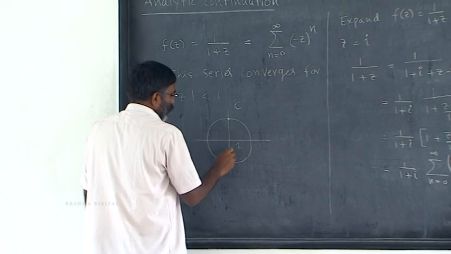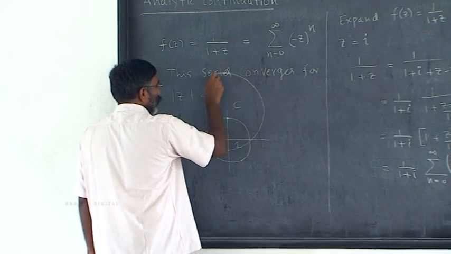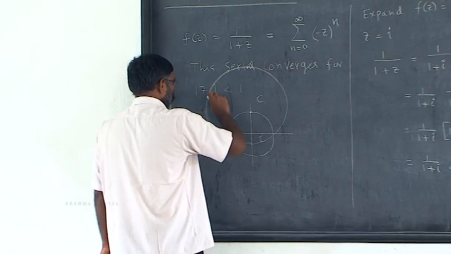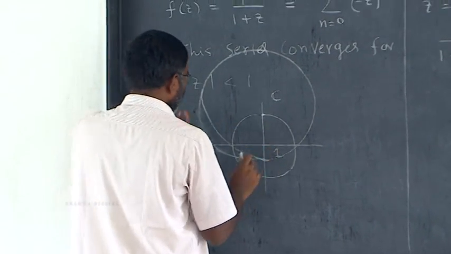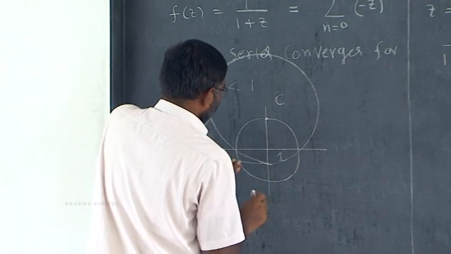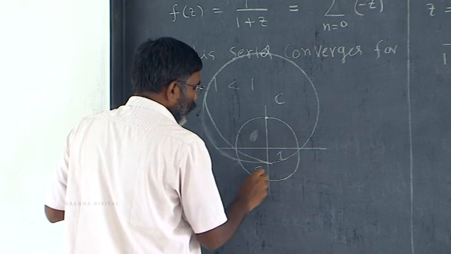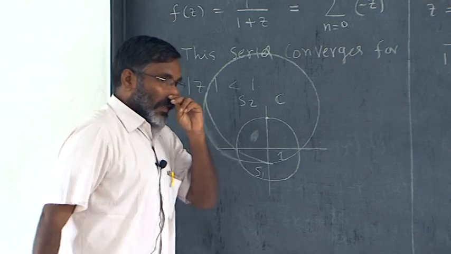If this is 1, root 2 is somewhere here. So you have a region like this. If S1 was the region earlier, S2 is the region of convergence of this series.